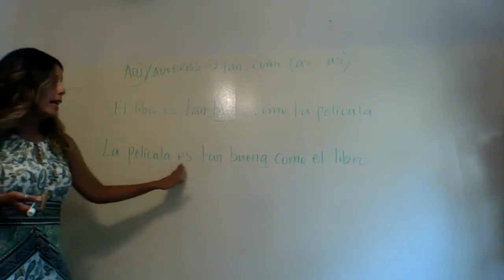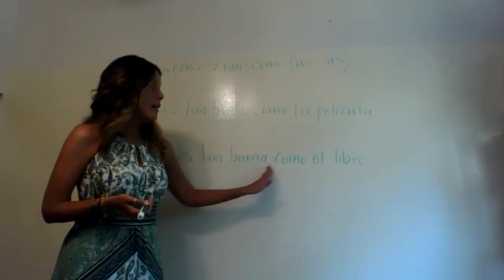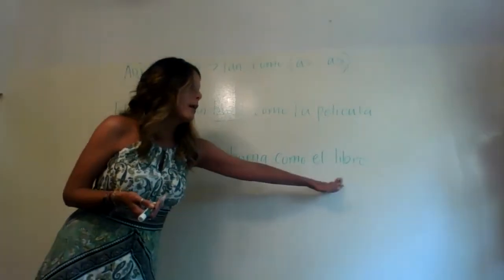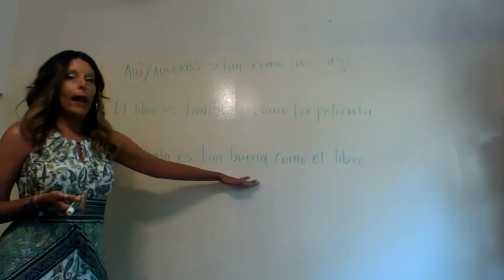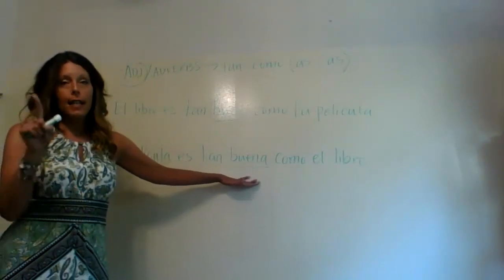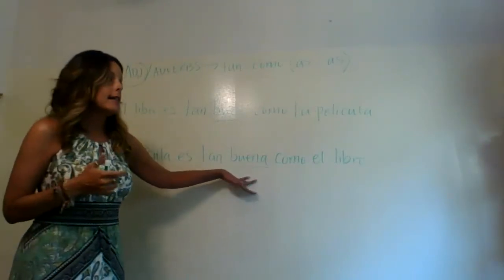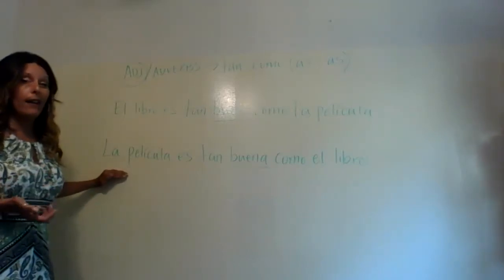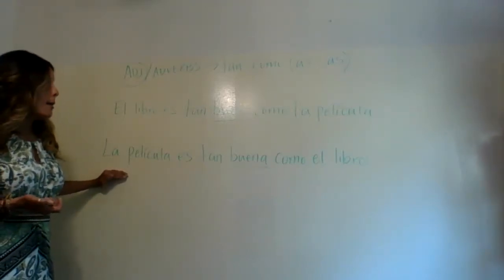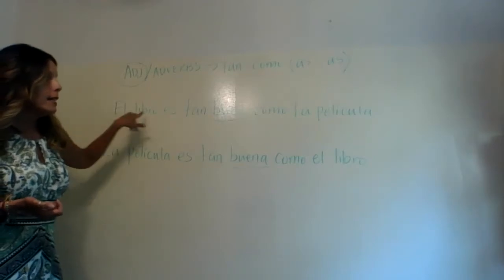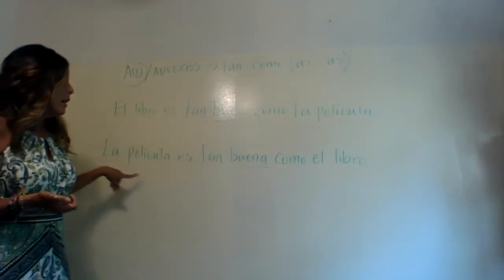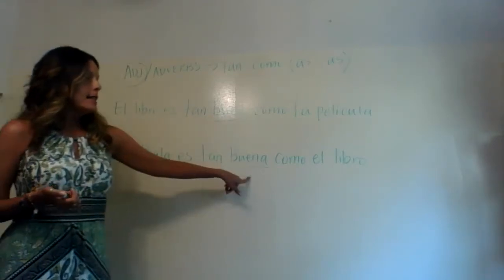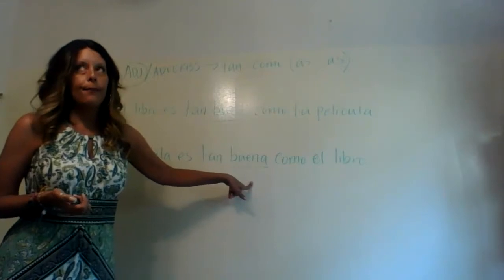The movie is as good as the book. Again, buena is in its singular and feminine form because now it's describing the movie, which is singular and feminine, la película. So again, el libro needed the adjective bueno, la película needs the adjective buena.